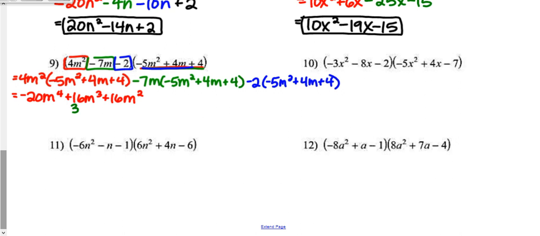So I'm going to start with a 35m to the 3rd, stacking it under the previous m to the 3rd, minus 28m squared minus 28m. And now for the blue. So that would be 10m squared minus 8m minus 8. And now I'm going to add all of this up to get my final answer.